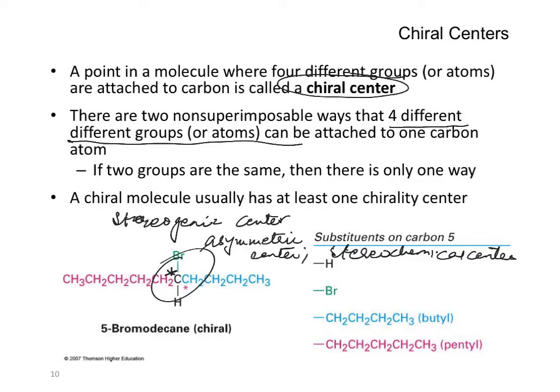Now, once you have determined the number of chirality centers, 2 to the power of n, where n is the number of chirality centers, gives you the number of enantiomers, the number of optical isomers that might be present for that particular compound. What that means is, for example, in this case, you have only one chirality center. That means only 2 isomers are possible for this particular compound.